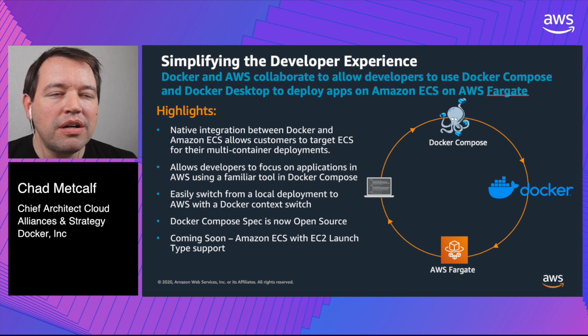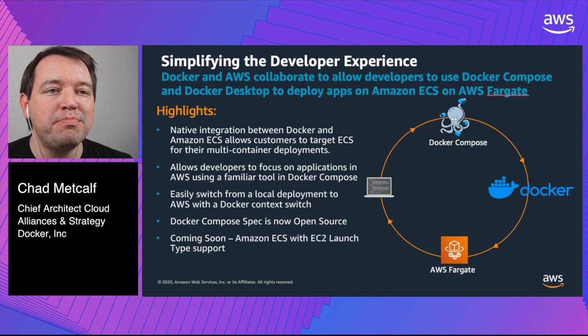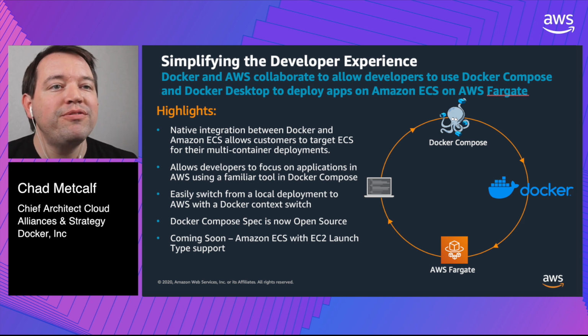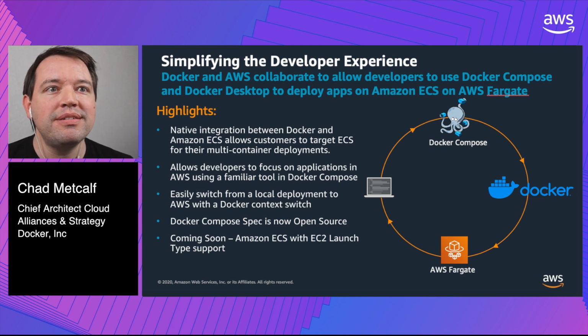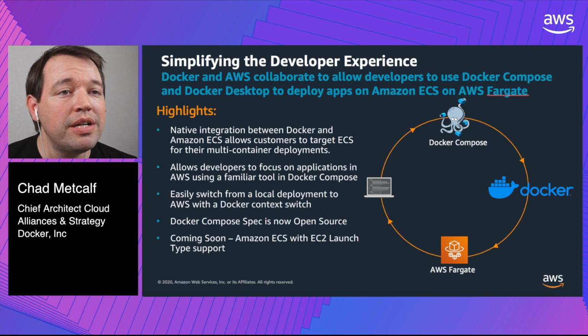And Docker Compose has always been part of our stack and our technology, but only recently did we break the spec out and make that open source so that lots of folks could participate. And so Amazon was an early adopter, early participant in that community, helping us understand how to extend the Compose specification beyond just a Docker engine.